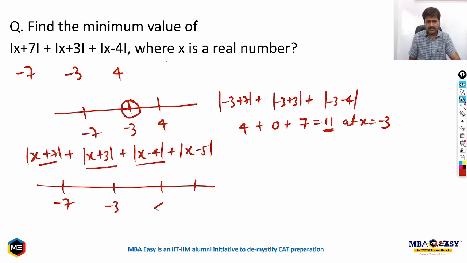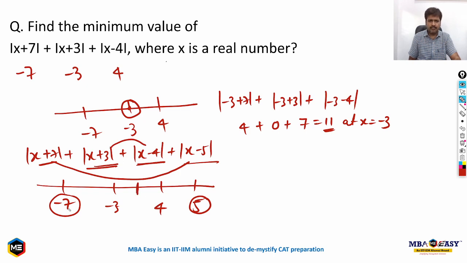This is distance of x from 4. This is distance of x from 5. अब x plus 7 का मॉड और x minus 5 का मॉड का सम का मिनिमम कब आएगा? जब हम पॉइंट लेंगे -7 और 5 के बीच में. और x plus 3 का मॉड और x minus 4 का मॉड का मिनिमम आएगा जब हम पॉइंट लेंगे किसके बीच में? -3 और 4 के बीच में.